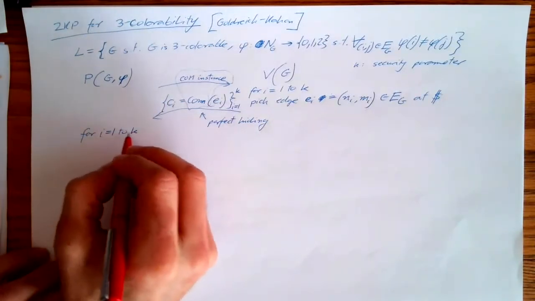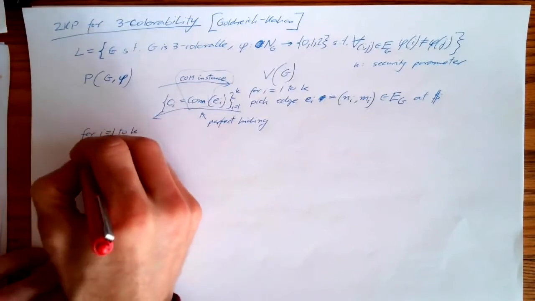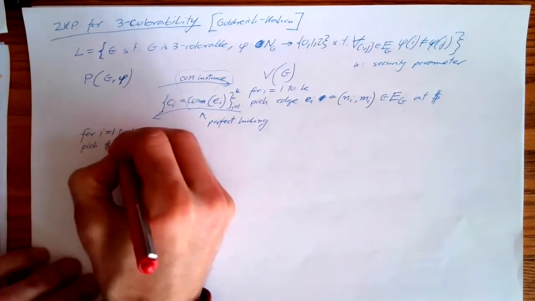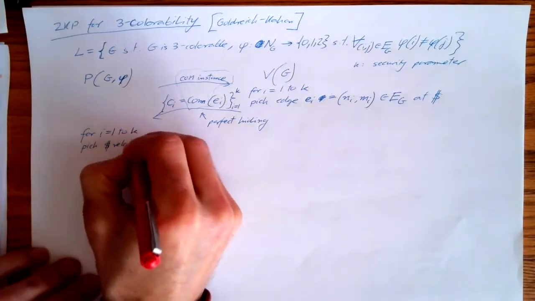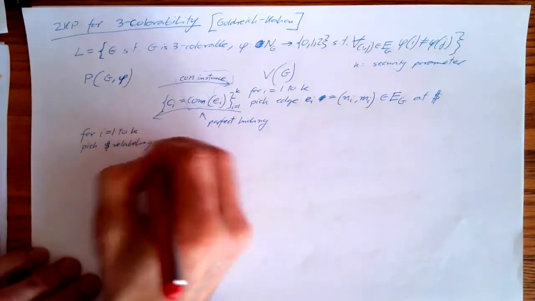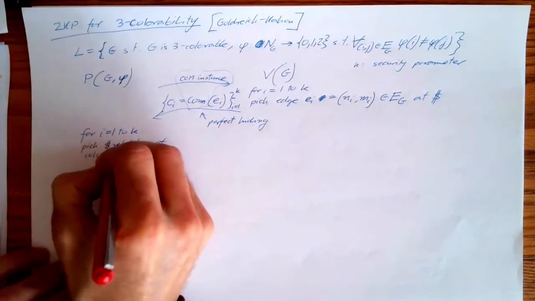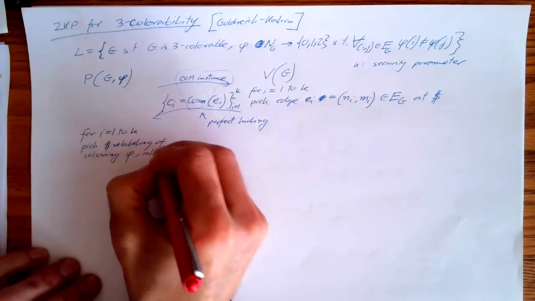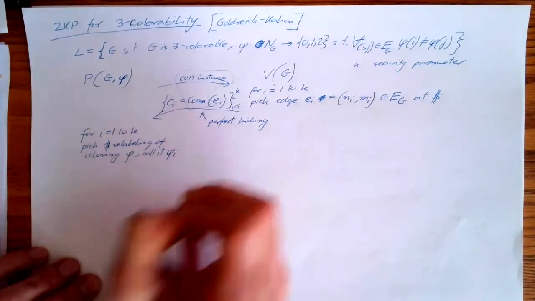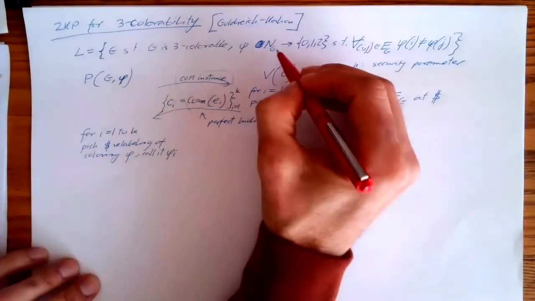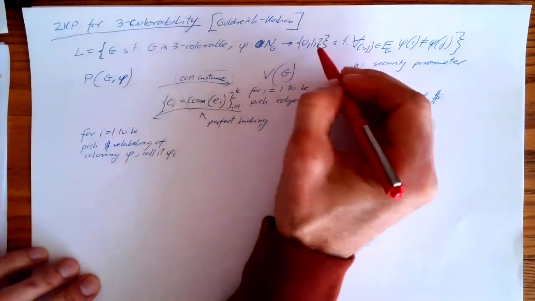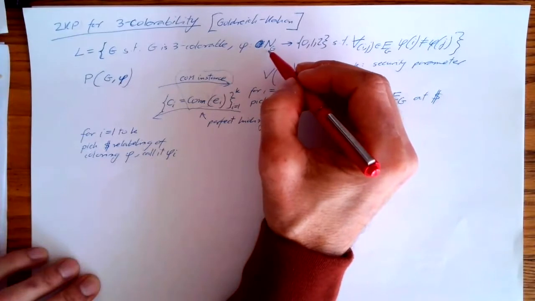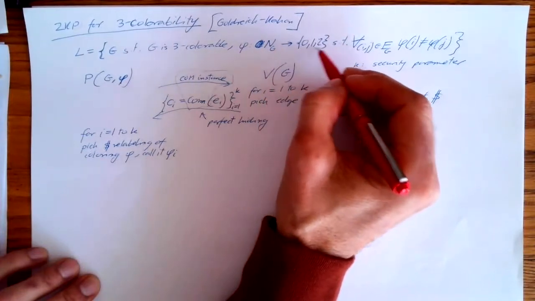For i from 1 to k, the prover picks a random relabeling of the coloring phi, call it phi_i. So phi_i is another function that colors all the nodes, but that function is just a permutation of this one.